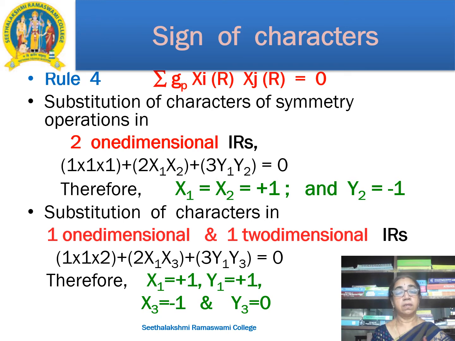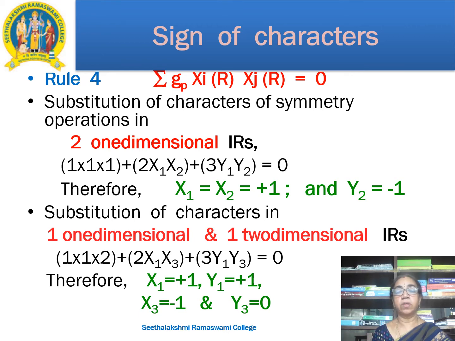Still, the signs of the characters x3, y1 and y3 have to be decided. For that, rule 4 can be applied again by taking one one-dimensional and one two-dimensional IR. Now the mathematical equation is 1 into 1 into 2 plus 2x1x3 plus 3y1y3.